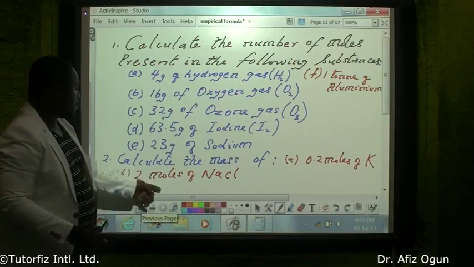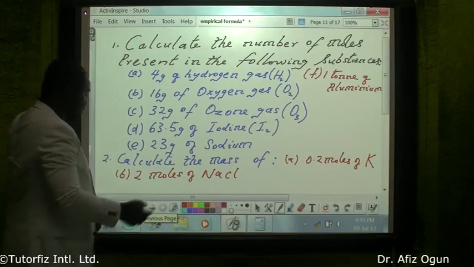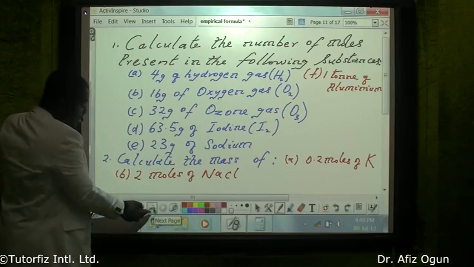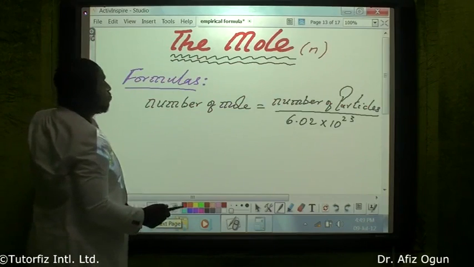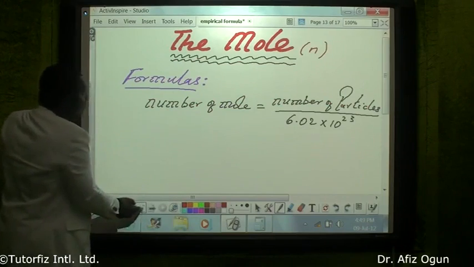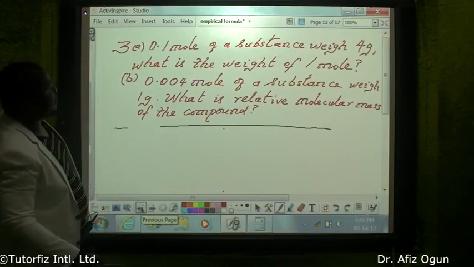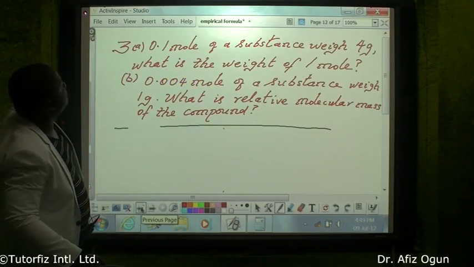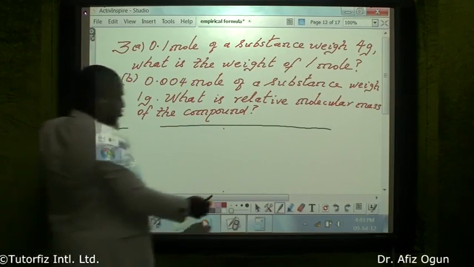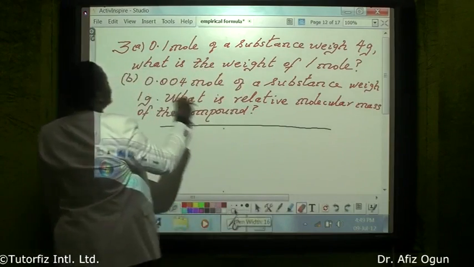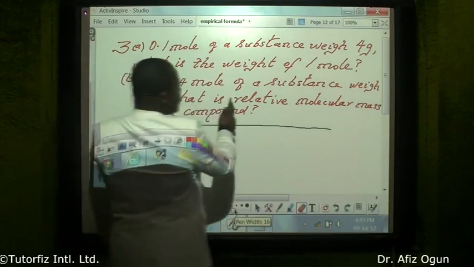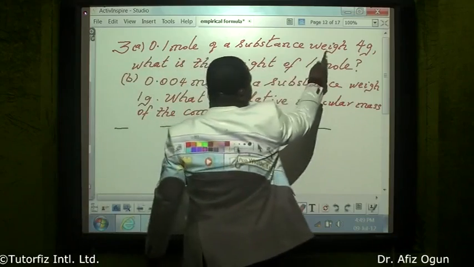Again, 2 moles of sodium chloride. You should be able to do that. So let us now look at another formula: number of particles divided by Avogadro's number. What is the mass of 1 mole of a substance? You can do this one yourself.